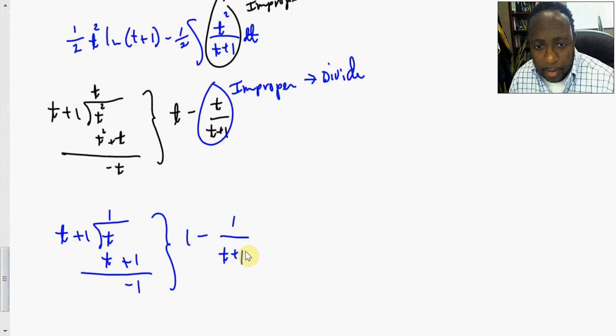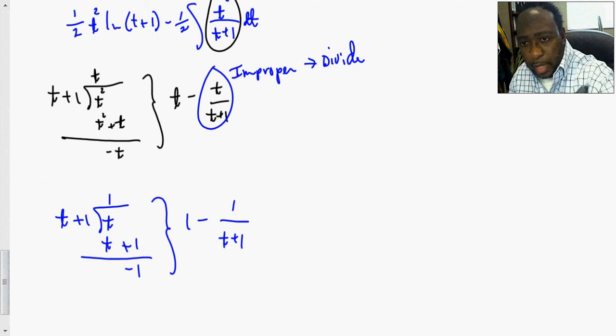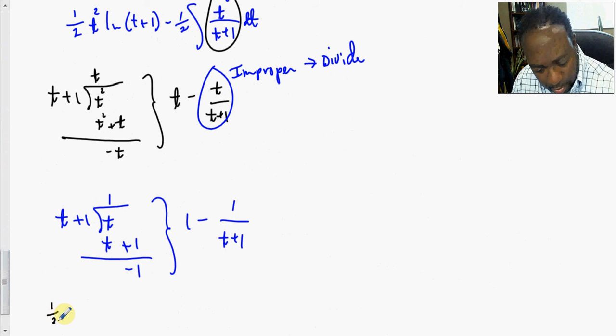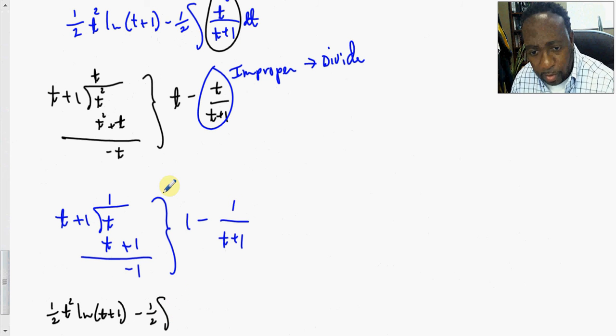So if you go back to how we began with the problem, this is 1/2 t squared times the natural log of t plus 1. Then it was minus 1/2 times the integral of t minus t over t plus 1, but the t over t plus 1 became this term.